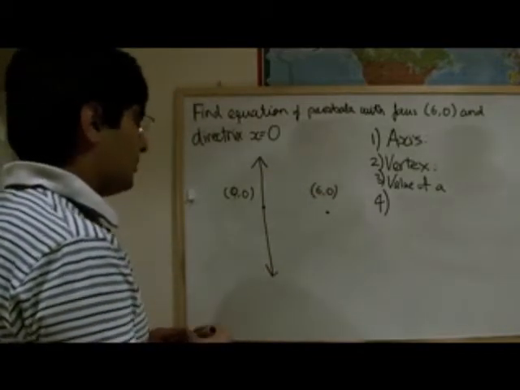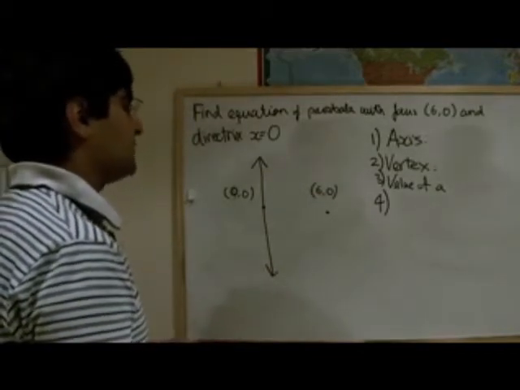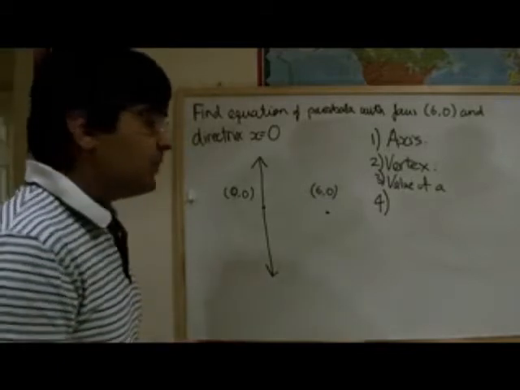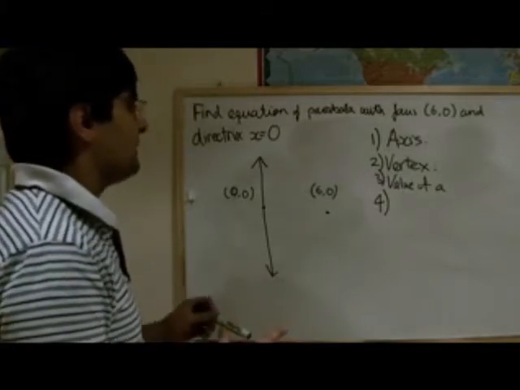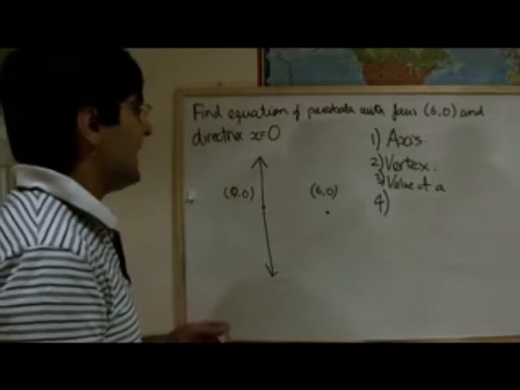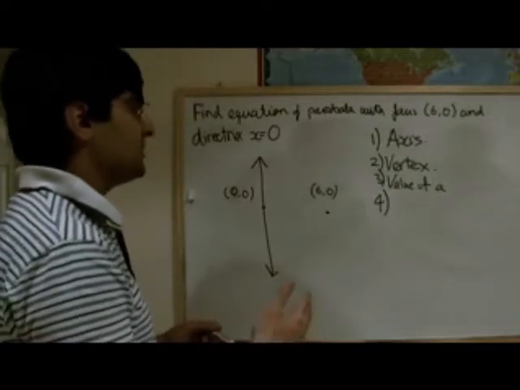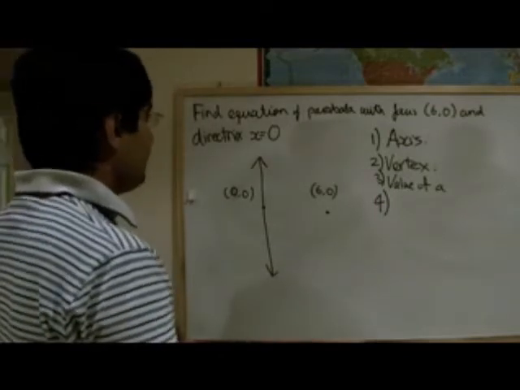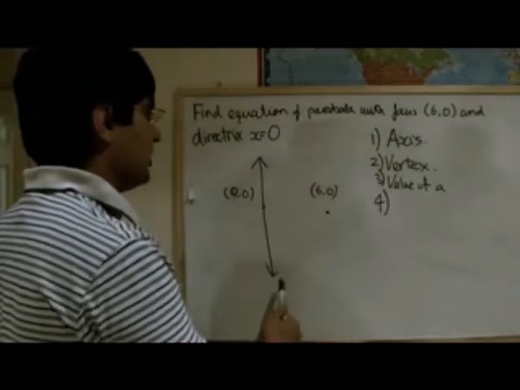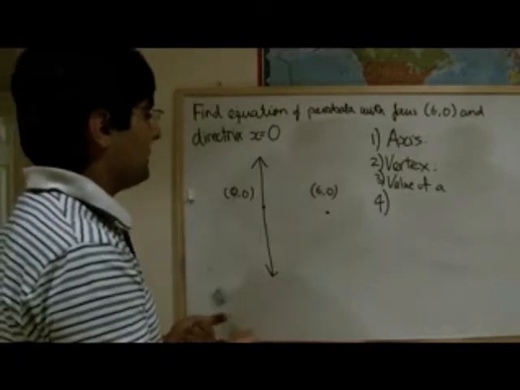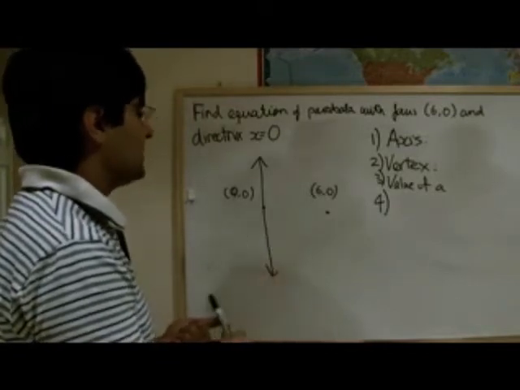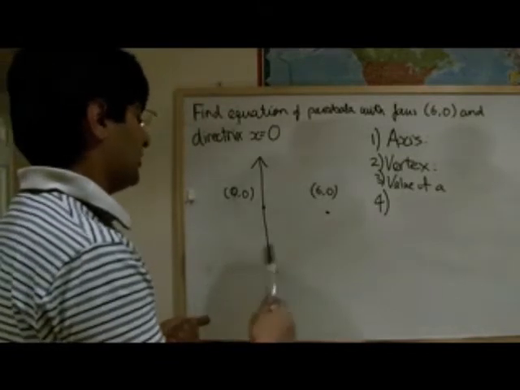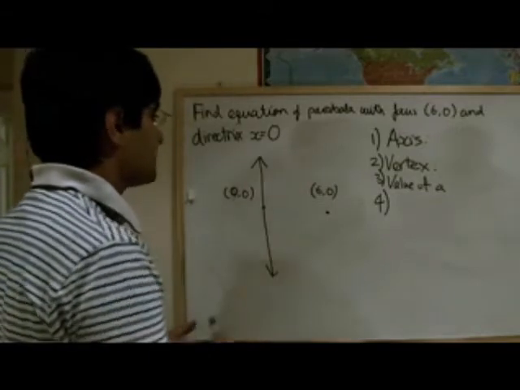Now, what else do we know about parabolas that can help us solve this problem? We know that the directrix is always perpendicular to the axis, and that the focus always lies on the axis of the parabola. So if the directrix is vertical, the axis must be horizontal in order to be perpendicular to this directrix.